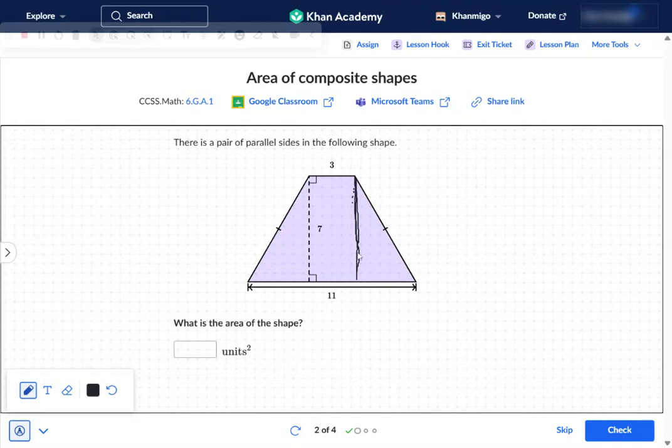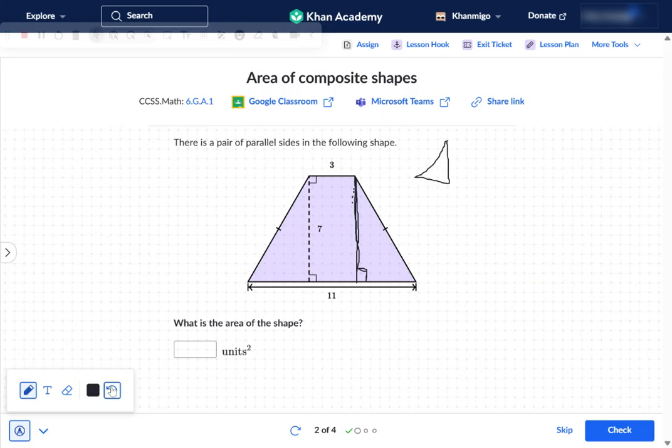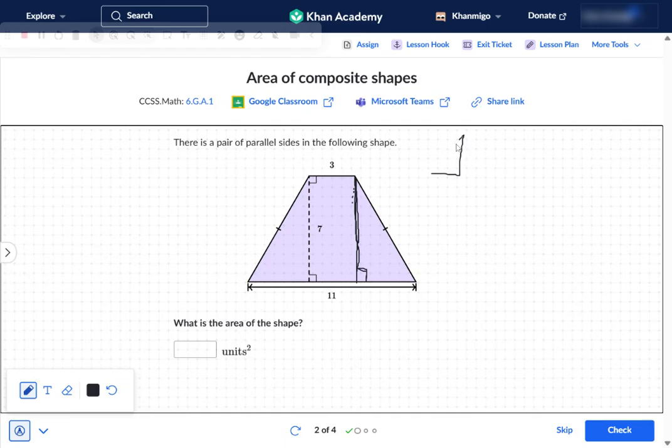If I draw a line here, you can see that I've just created another triangle. I'm going to draw out all of the shapes just to help us stay organized and so we don't miss anything. So we've got a triangle over here, a long, tall rectangle, and then another triangle. These are the individual shapes that make up this composite figure.